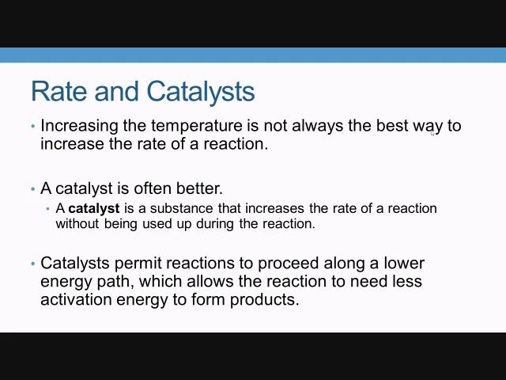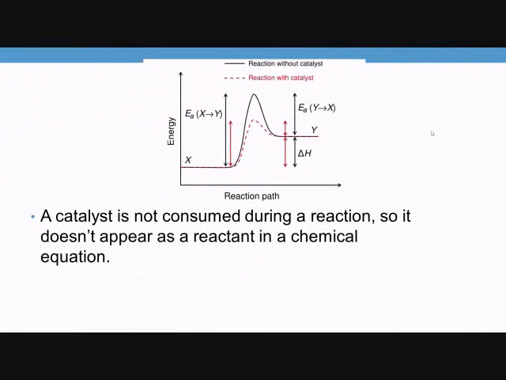Okay? Catalysts permit reactions to proceed along a lower energy path, which allows for the reaction to need less activation energy. So if you look at this graph, this is our energy path graph, okay? The solid line is what the natural, without the catalyst, energy path would be.